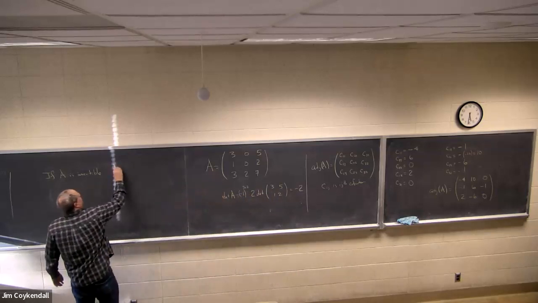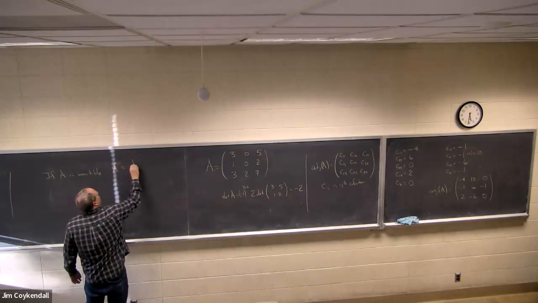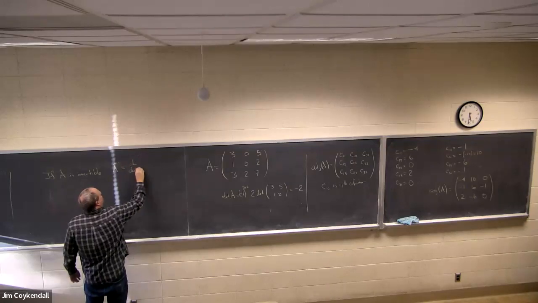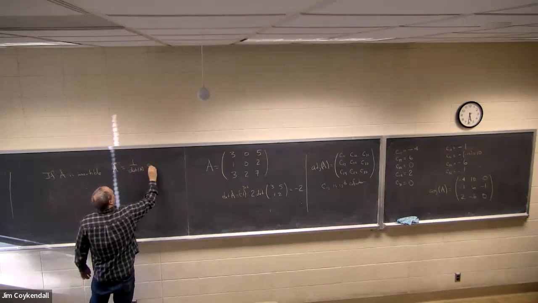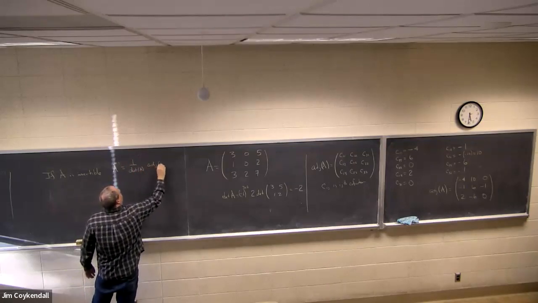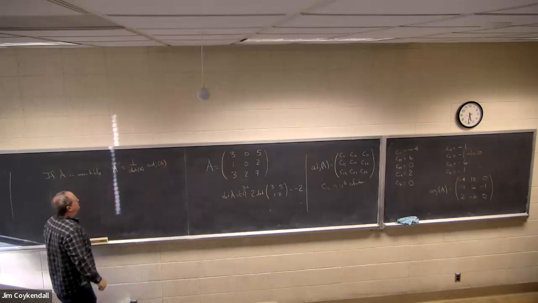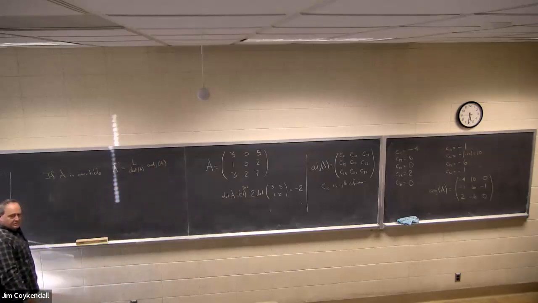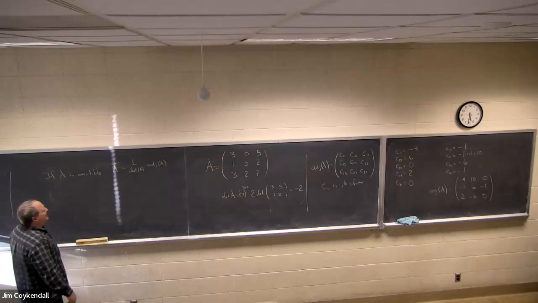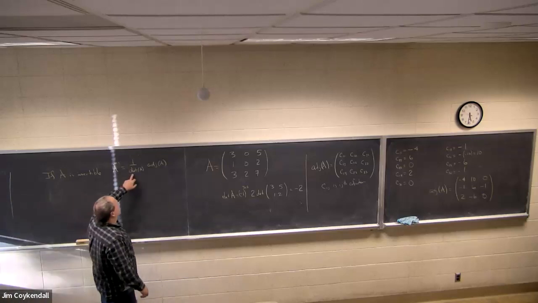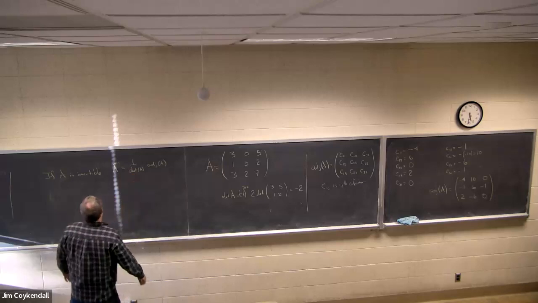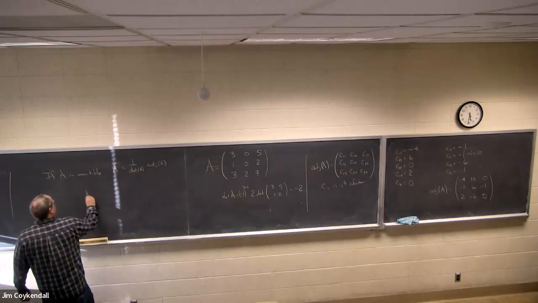So A inverse is equal to, in this case, the determinant is -2, so this is -1/2 times the classical adjoint. All right. So A inverse.